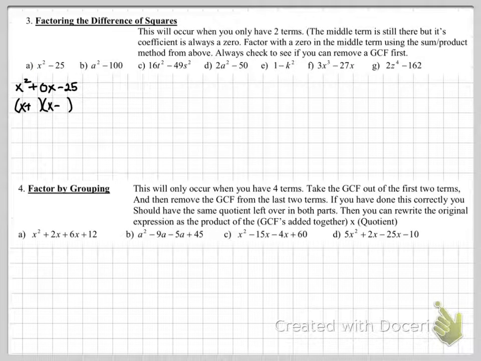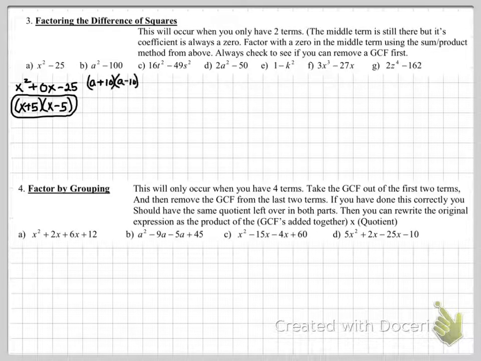So let's move on into it as we go through here. The first one, a similar one we just did, x squared minus 25. That's really x squared plus 0x minus 25, which factors into x plus 5 and x minus 5. In a squared minus 100, can I find the square root of a squared? Yes. Can I find the square root of 100? Yes.